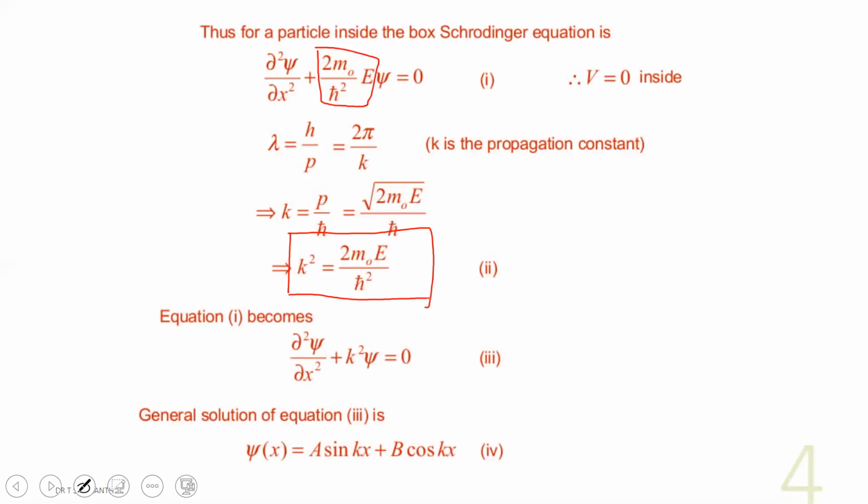Now we are going to solve equation number 4 using the first boundary condition and second boundary condition. Now we are implementing the first boundary condition, that is psi is equal to 0 at x is equal to 0. This is the first boundary where the potential will exist. So we substitute these values in psi of x is equal to A sin kx plus B cos kx, the fourth equation.